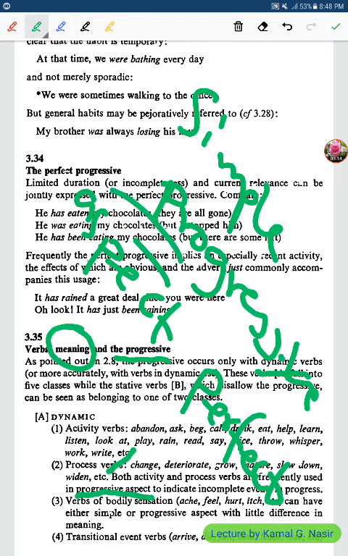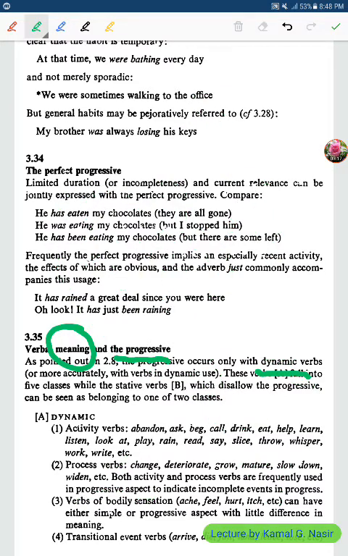These are aspects. So both activity and process verbs can frequently be used in a progressive aspect to indicate incomplete events in progress.